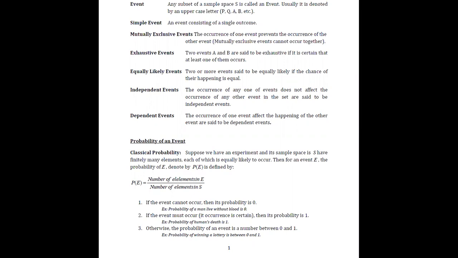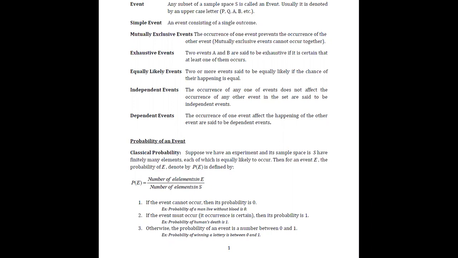Then, when discussing events, we have discussed several types of events that we can see in the concepts of probability. We have discussed mutually exclusive events, exhaustive events, equally likely events, and the dependence of two events as well as the independence of two events.